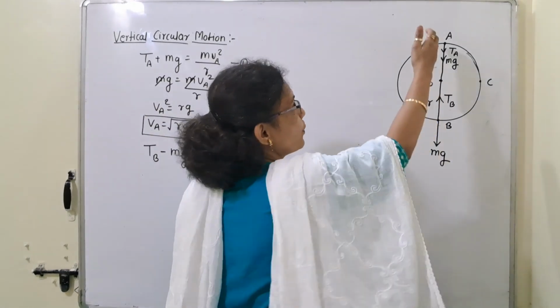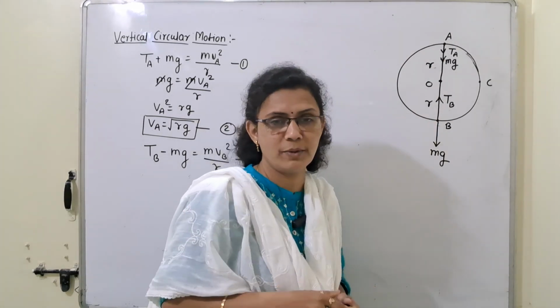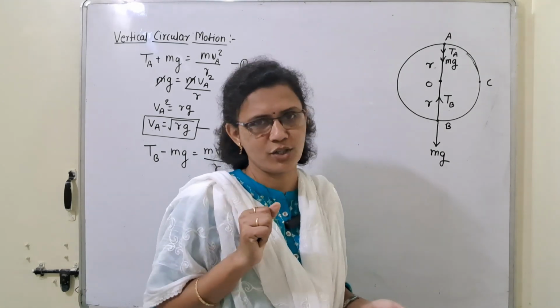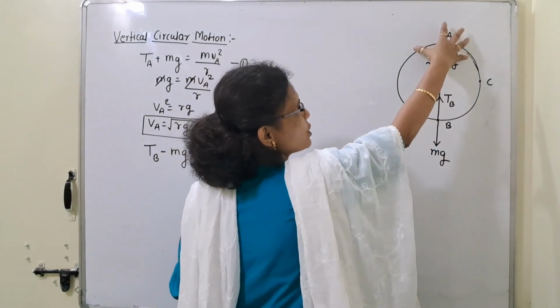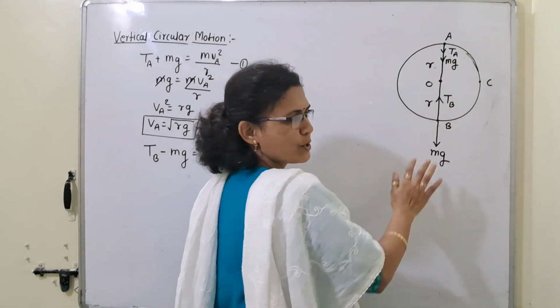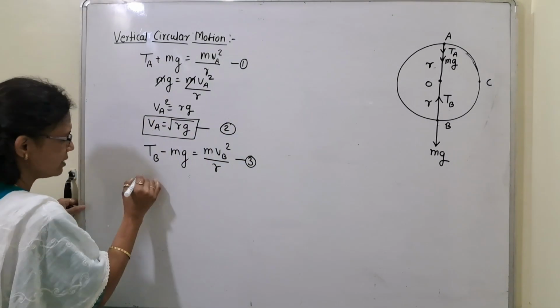Total energy at point A is equal to total energy at point B. That is mechanical energy, kinetic energy and potential energy. So by the law of conservation of energy, what can I write?